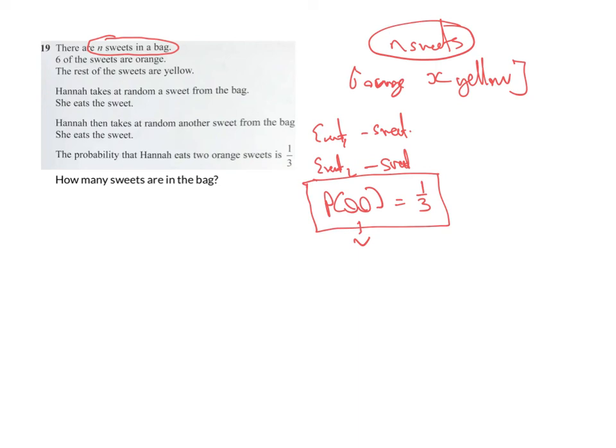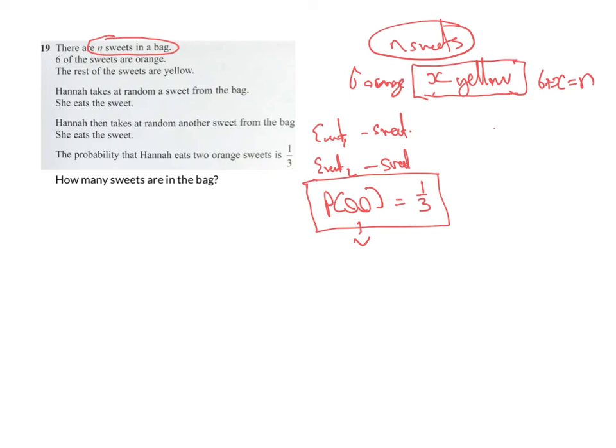Now, we could come up with another equation up here if we wanted. We could say, well, if there are 6 orange sweets in a bag, x are yellow and n is the total, we could say that 6 plus x equals n. That's a true statement. Then we'd have 2 statements, and we could use that perhaps to solve it simultaneously. But the other thing to realise, if we only have one equation given, and we only want to use one equation, it's n we want, so can we somehow describe the number of yellow sweets, not as a different letter x, but using this first letter n?